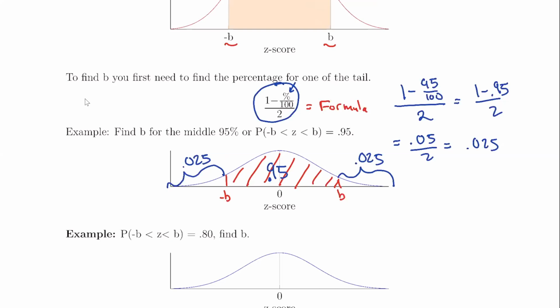All right. If you remember, the calculator always wants the probability to the left. So the easiest way to do it is to give it this probability over here. So we're going to say inverse norm of 0.025.